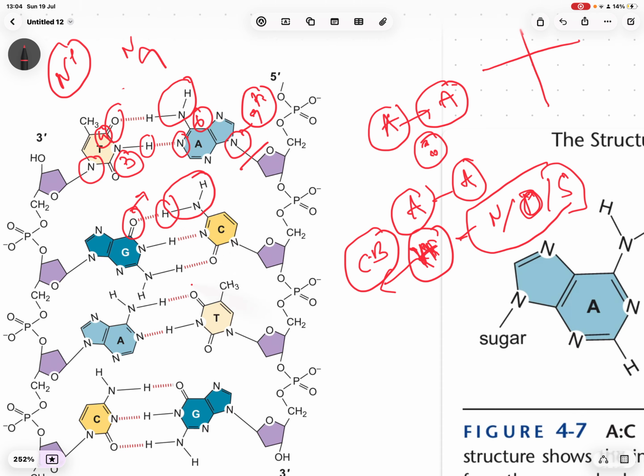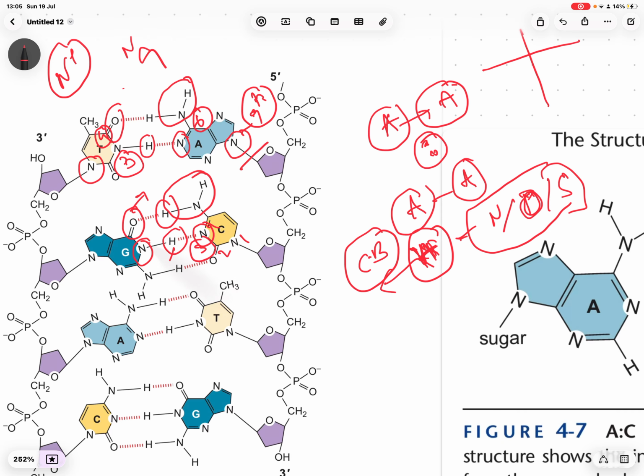And also when we look into the other hydrogen bonds, this one is the third nitrogen atom here. This third nitrogen atom is linked to a hydrogen atom, so covalently linked to the hydrogen atom.